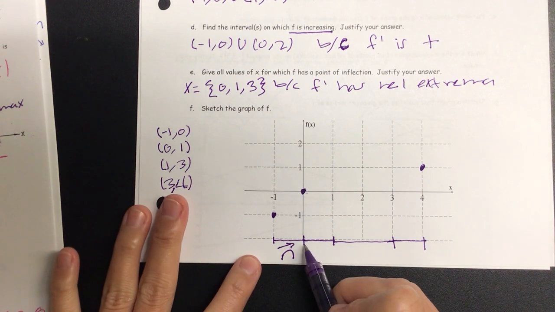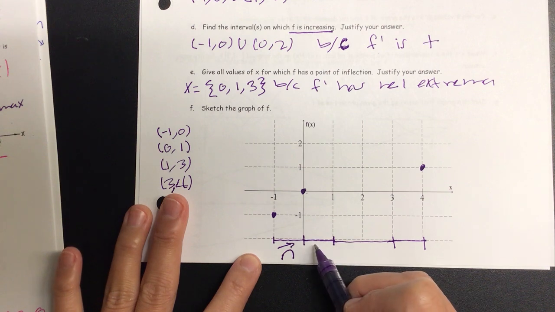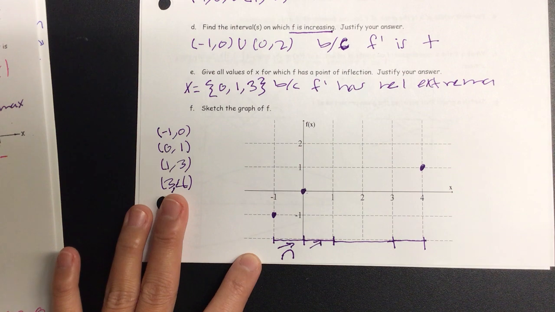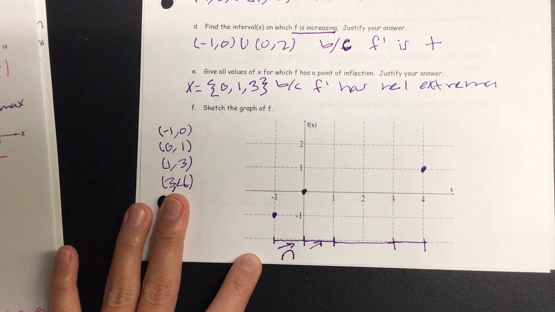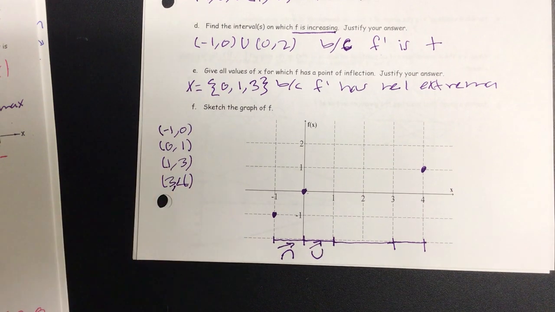And then for the next piece, from 0 to 1, we have it positive, so graph is going up again. Is that true? It is increasing. And for that piece, is it concave up or concave down? Concave up.